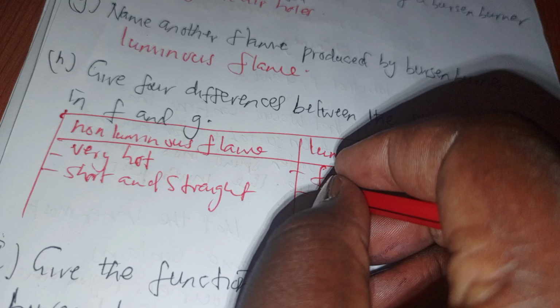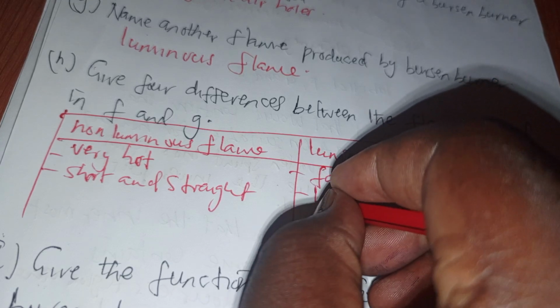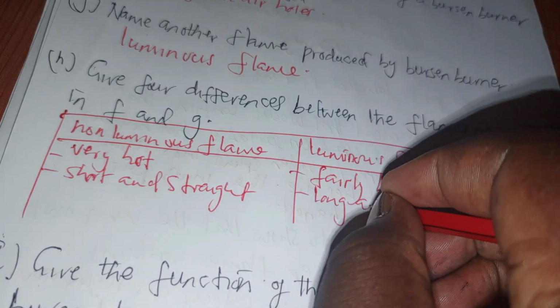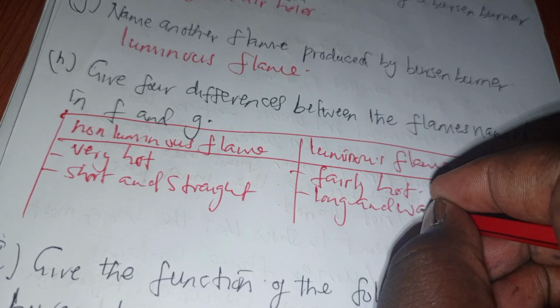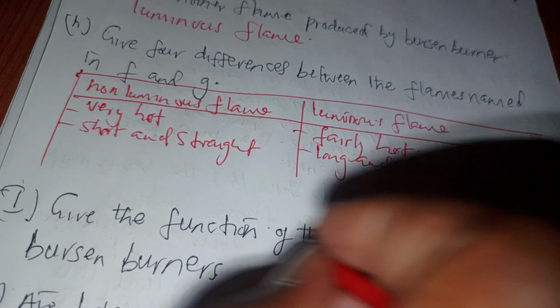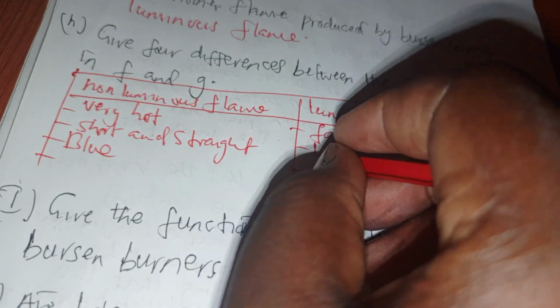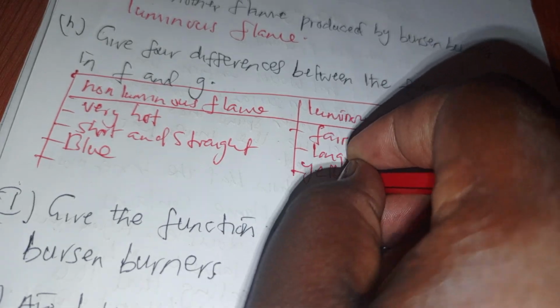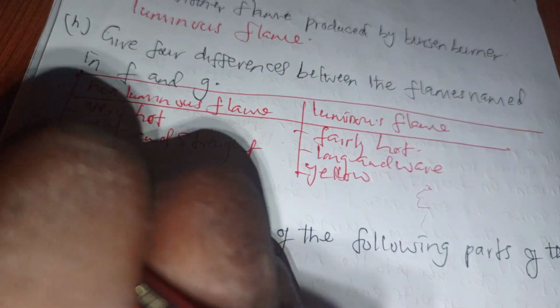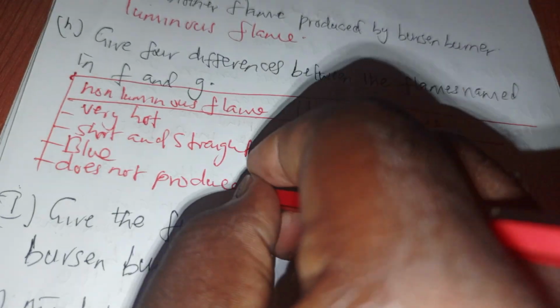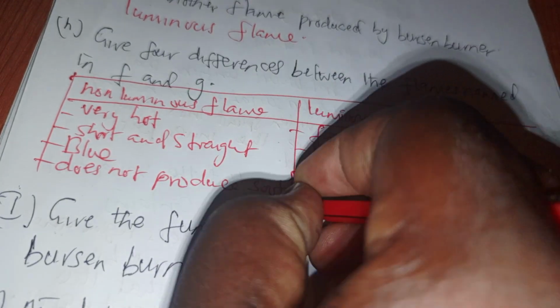This one is long and wavy. This one is blue. This one is yellow. This one does not produce soot.